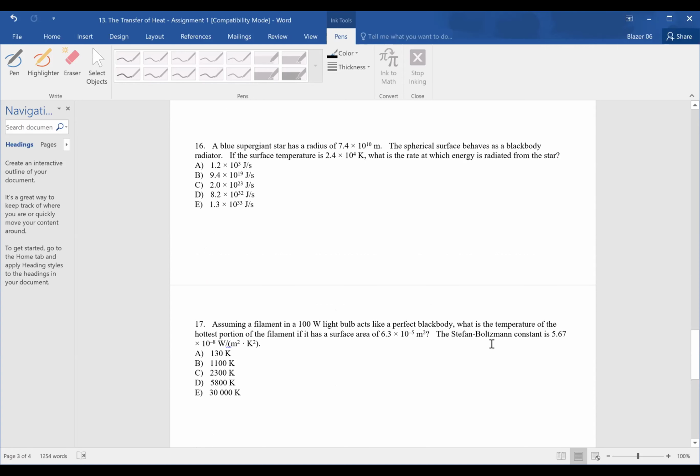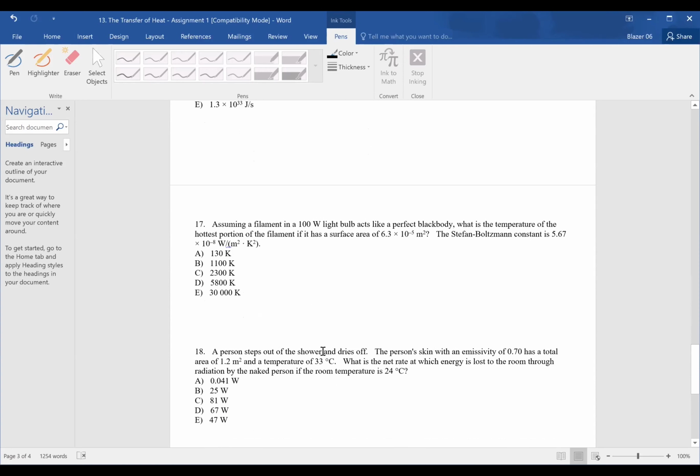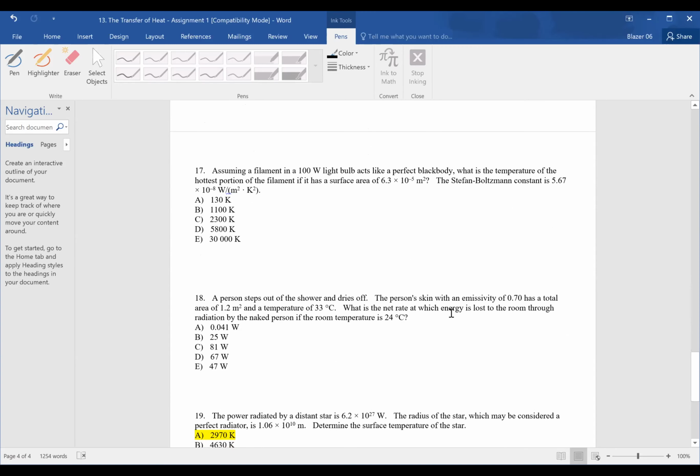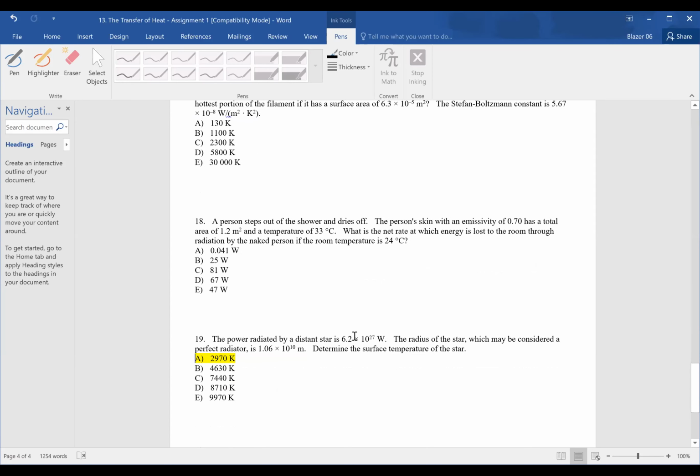So let me see. Everything is in Kelvin there. Now, right here, okay? Radiation, remember, the temperature needs to be in Kelvin. When we solve the problem, the temperature needs to be in Kelvin. Okay, with that, we will bring this chapter to an end.